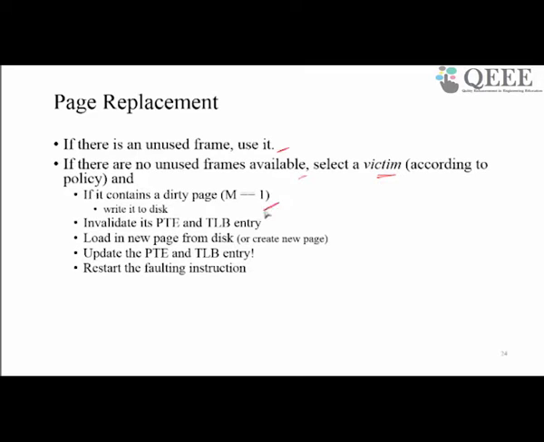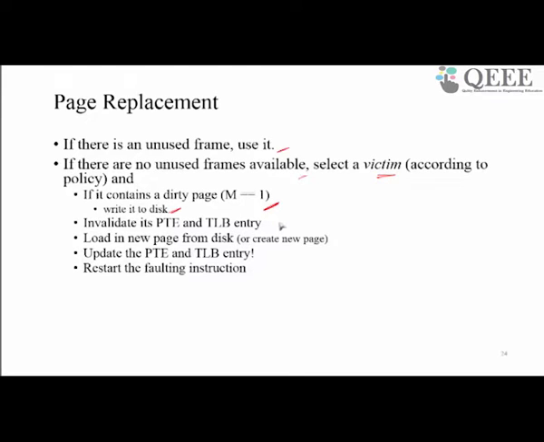Then you check the dirty bit of it. If it is not set, it means the page has not been modified, and you can simply use it. Otherwise, if it is dirty, you write it to the disk.